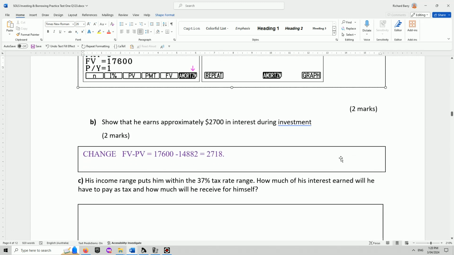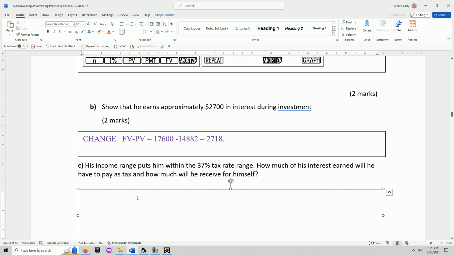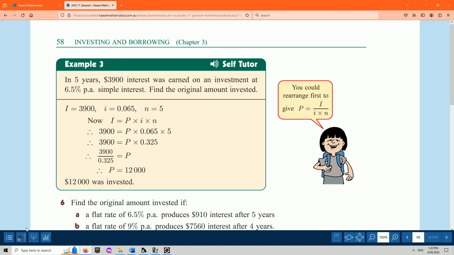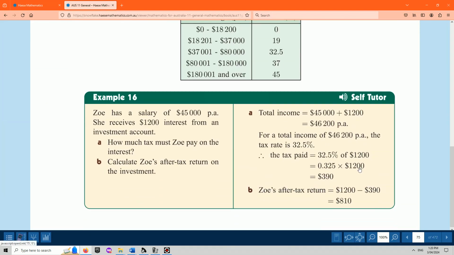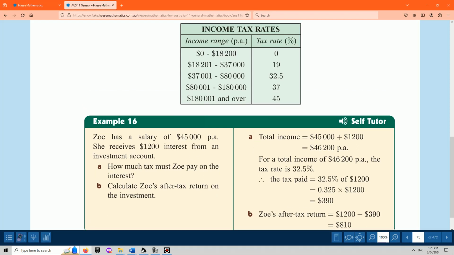This question is almost finished. We just have to do something about tax. We're ignoring the rest of the income. We're just going to work out how much tax at 37% on this profit made. We're going to follow exactly what's going on in the book. Let's quickly glance in the book for tax. Looking at a tax question, we've been told what level is going to be taxed at.